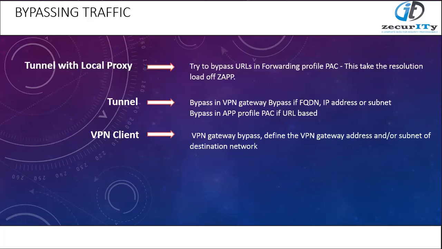So the most important thing is how do I bypass my traffic? You can bypass in various methods. The recommended way to bypass is based on the forwarding profile which you are going to choose. If you are choosing tunnel with local proxy, your bypass should be on the forwarding profile PAC file.